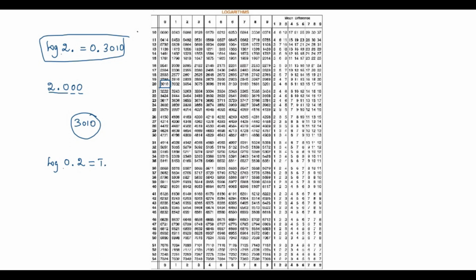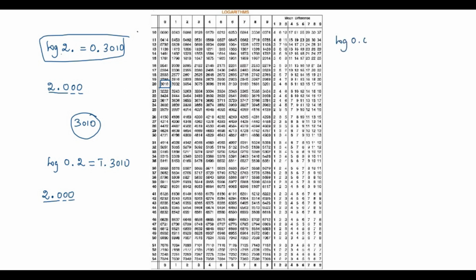Just consider only the non-zero digit in the given number, that is 2. After 2, assume there is a decimal point, and assume there are some zeros after it. Now we go to the 20th row, 0th column, mean difference 0th column. Usually you will not get a value for the 0th column in mean difference, because there is no 0th column. Again you will get the same value, 3010. So log 0.2 is equal to bar 1.3010.